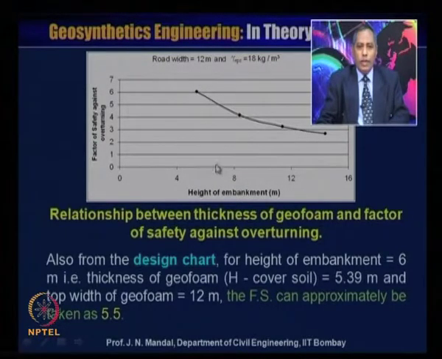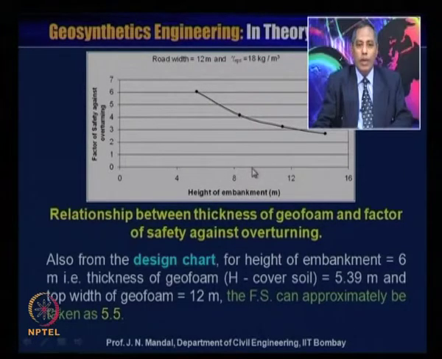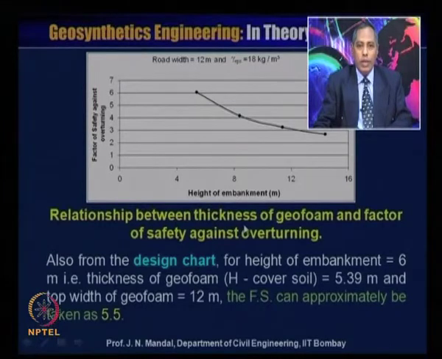Now, from this design chart, let us say for a height of embankment of about 6 meter, and thickness of the geofoam, that is H minus cover soil, 6 minus the cover soil gives 5.39 meter, and top width of the geofoam is 12 meter, because that is the road width. Then you can calculate the factor of safety from this chart.